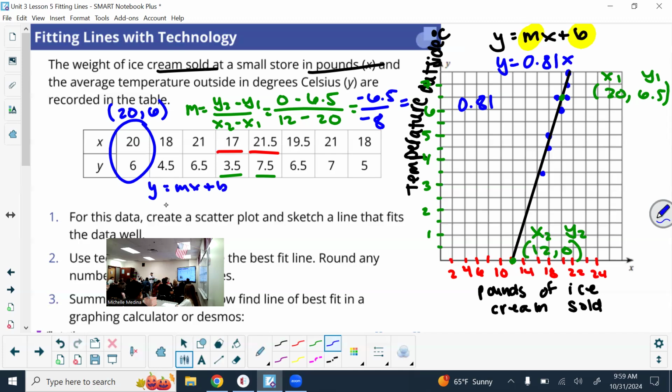We just found the slope. So the slope is 0.81. And you can use one of the x and y's that you used earlier. So say I want to use this one. My y being 6.5 would have to go here. That's what y is. The x being 20. And we're doing this to estimate the b, the y-intercept, because I don't have it showing on my graph.